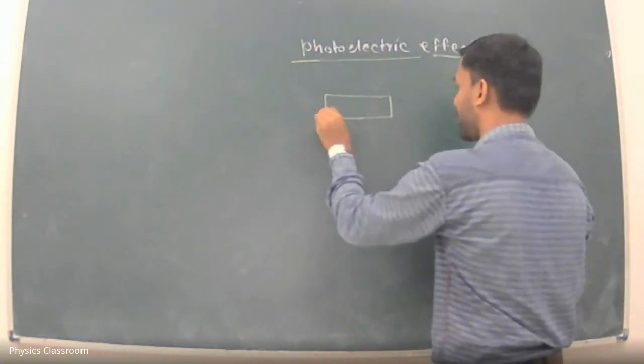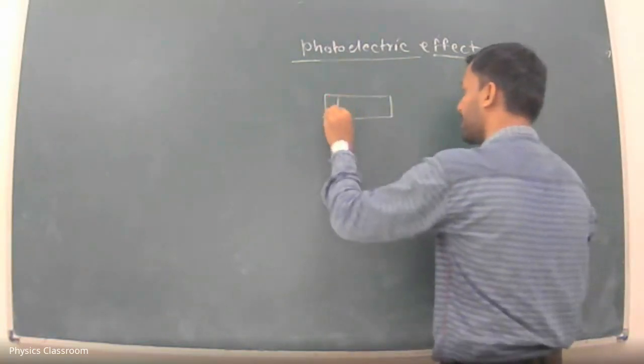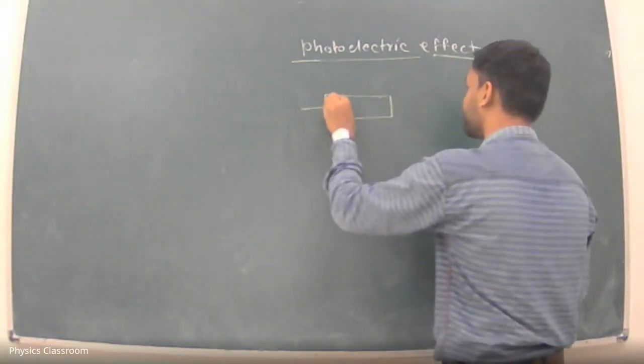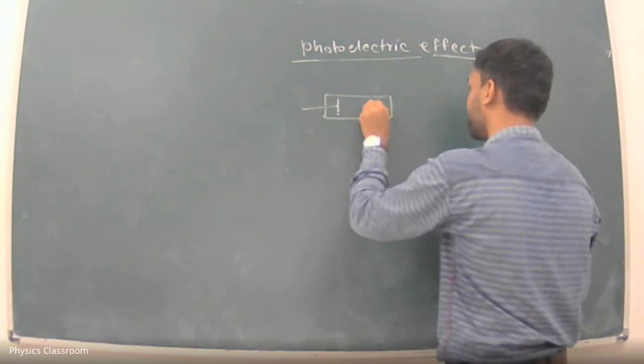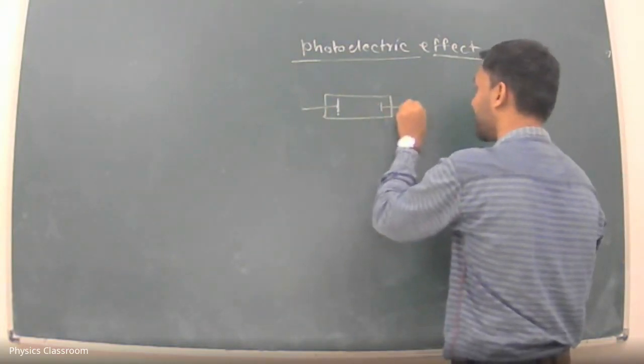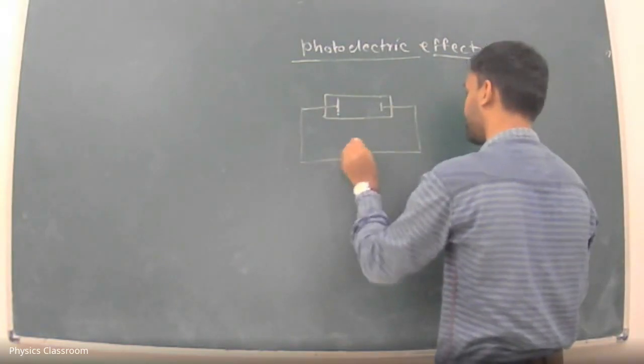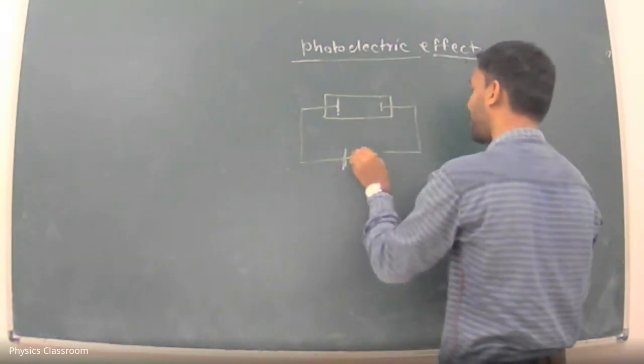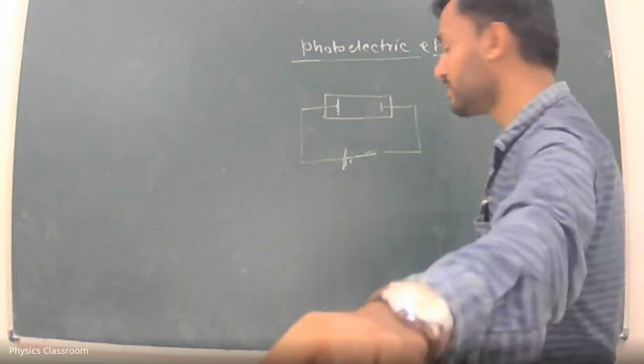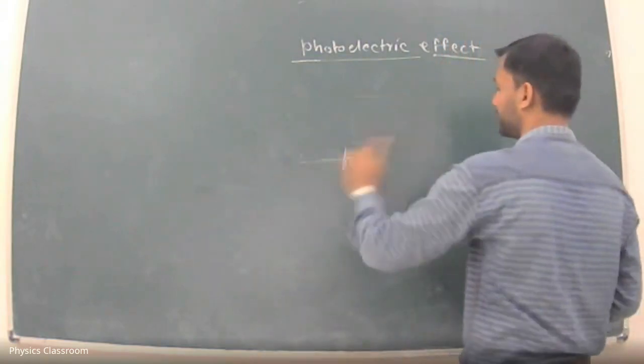Suppose this is a vacuum tube, okay? There is a potential here. Then suppose this is one plate, and we apply some potential here. So what happens to that plate?